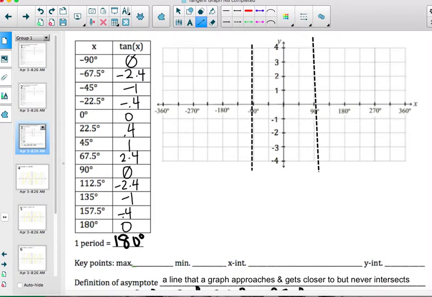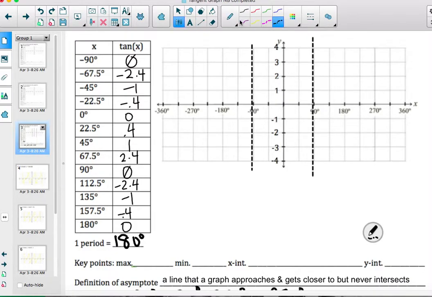These dashed lines are going to be our asymptotes, meaning the graph is never going to touch them. And here is the first tangent graph. So what we're going to do is we're going to take our points here. So at negative 90, we are undefined.